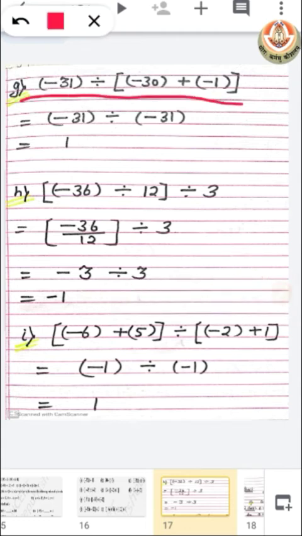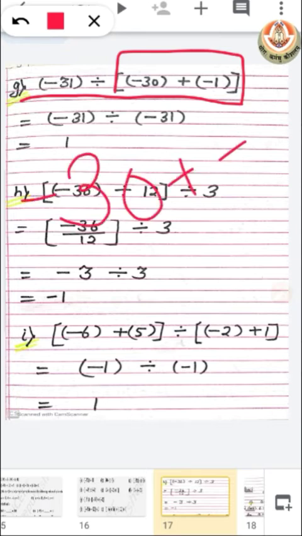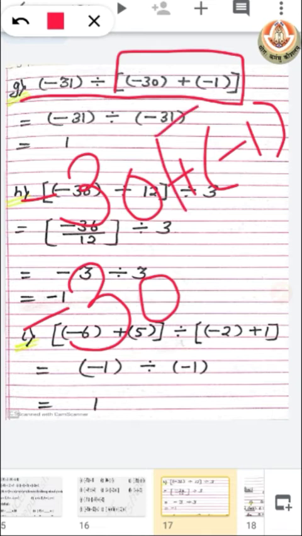Minus 31 divided by minus 30 plus minus 1 within bracket. First, we have to solve the bracket. So when we solve this, that means minus 30 plus minus 1. Now we all know that plus minus will be minus.